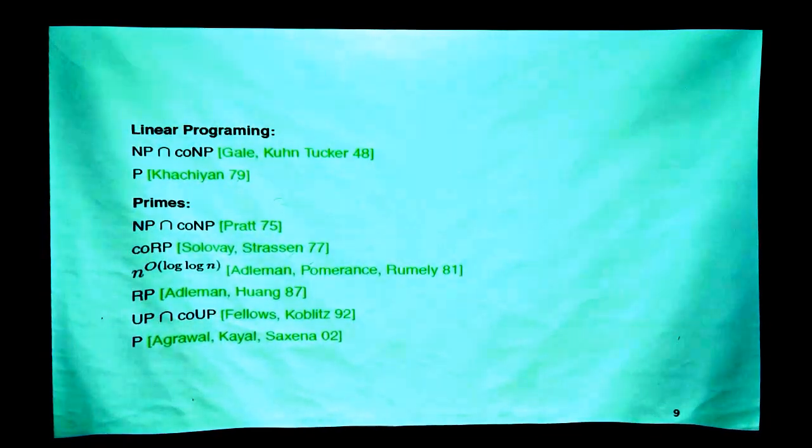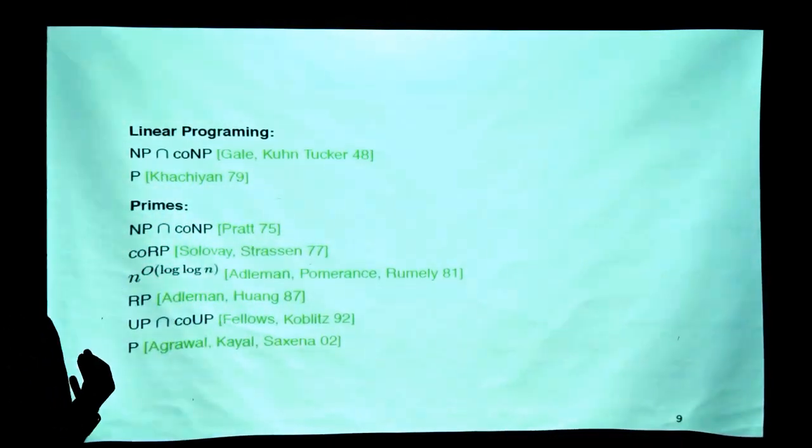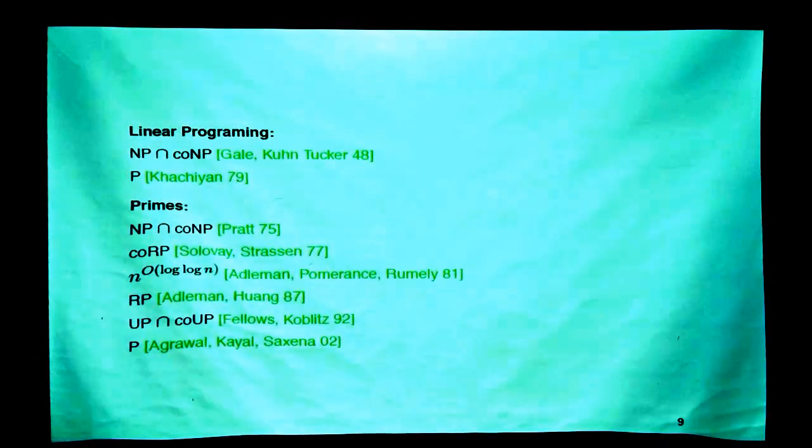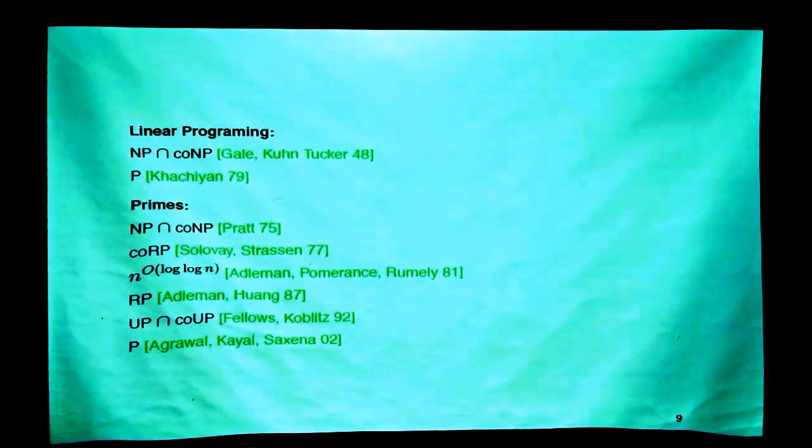So when you have a problem and the problem is hard, and you try to classify it, you don't get the best classification at the beginning. Another good example is the primes problem, deciding whether a number is prime or not.